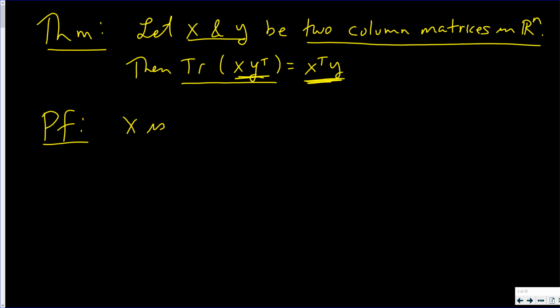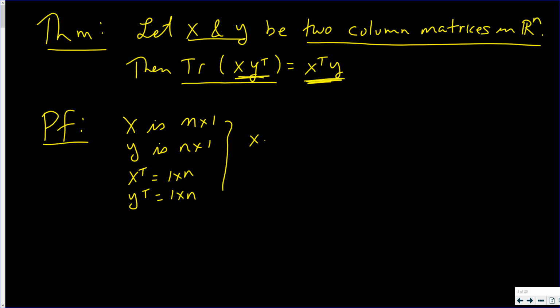Well, X is n by 1. Y is n by 1. X transpose is then 1 by n. And Y transpose is 1 by n. So what is X times Y transpose? What is the size?